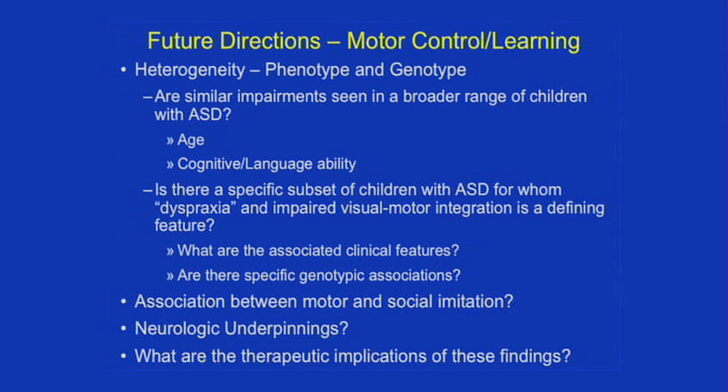One thing that has not been adequately examined, and I think this is recognized by a number of you, is that there really hasn't been good examination of the impairments in motor and social imitation and how closely those things are tied. And then of course, what are the neurologic underpinnings and the therapeutic implications?